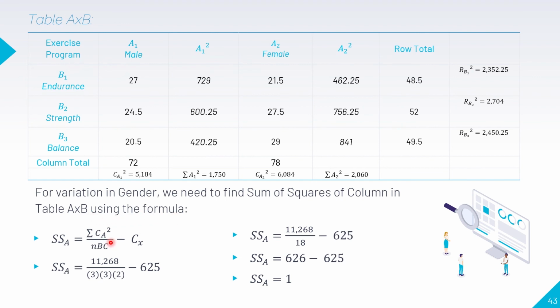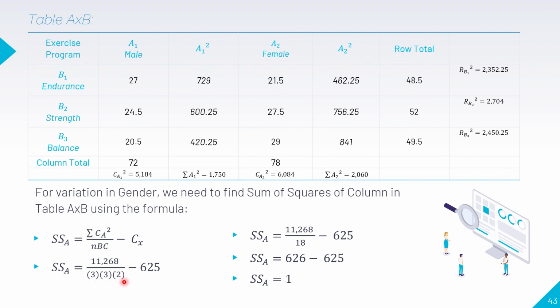Now for variation in gender, we need to find the sum of squares of column in table A by B using the formula SSA, summation of CA squared. We already encountered this equation, so we just need to add this one and this one to obtain the value 11,268 over our n, which is 3, our b is 3, this one 1, 2, 3, and our c is 2, the weight, the normal, and the obese.